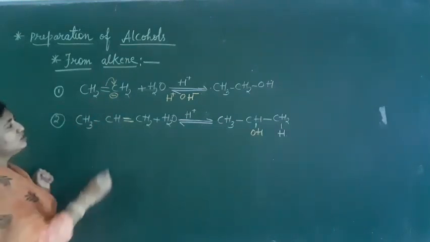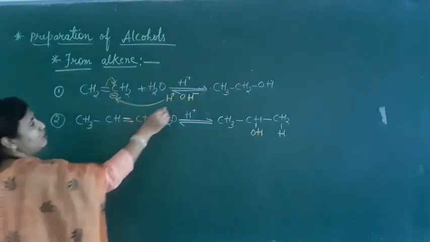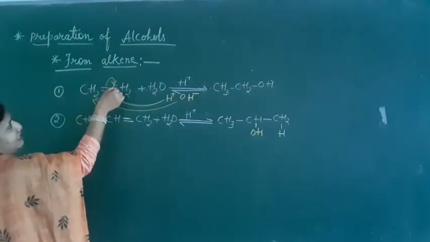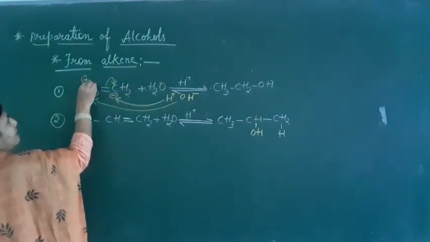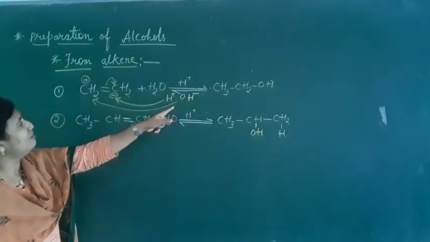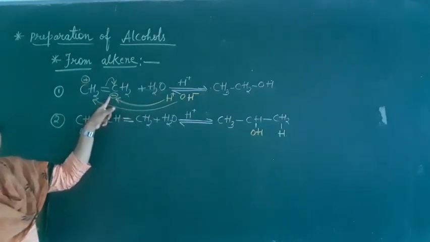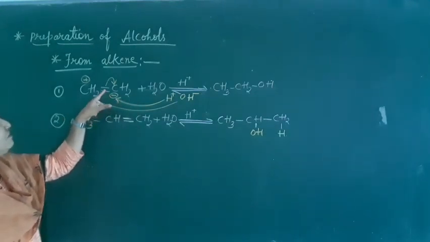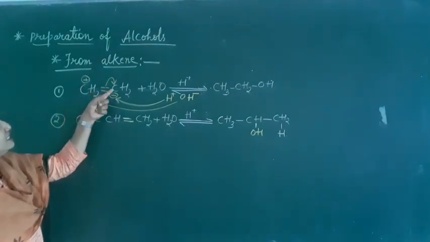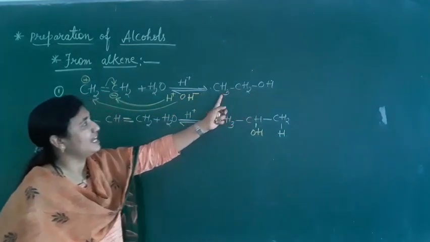So this H+ will come to this carbon and OH- will come to the other CH2, because the pi electrons come here and this carbon gets a positive charge. So OH- will come to this carbon and H+ to this carbon, or vice versa. If the pi electrons come here, this carbon becomes negative and the other carbon becomes positive. So we get OH here and H here.